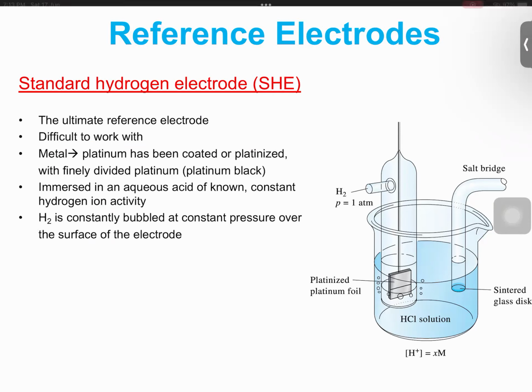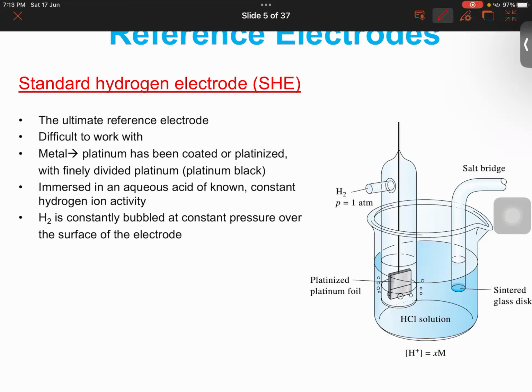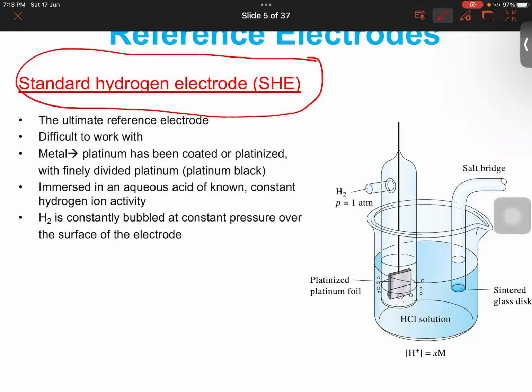So this is one example of a standard reference electrode, the hydrogen electrode. This hydrogen electrode is considered to have an electrode potential with the value of 0. In this structure of the hydrogen electrode, we can see that this is hydrogen.